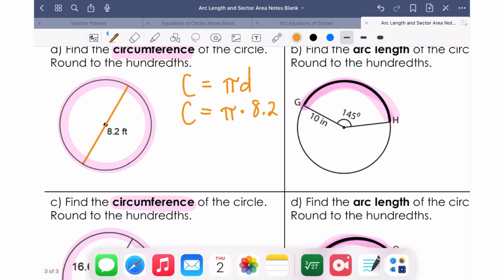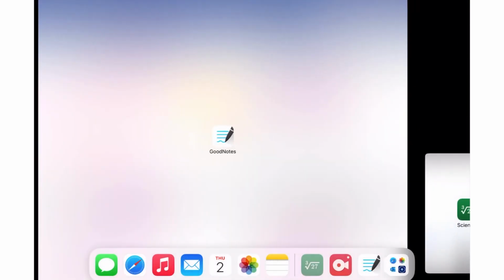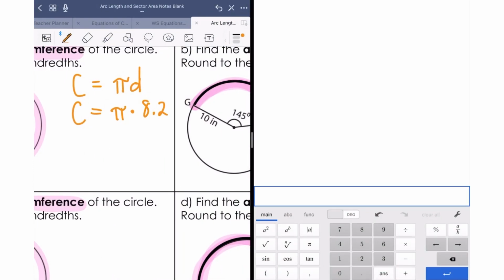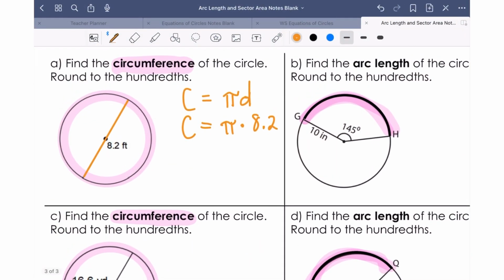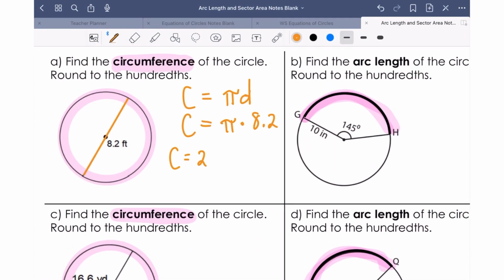And then we let Desmos be our best friend and do the math for us. Open up Desmos Scientific and go to pi times 8.2. It's 25.76. They want me to round to the hundredths. So circumference equals 25.76, and we're using feet here in this problem.